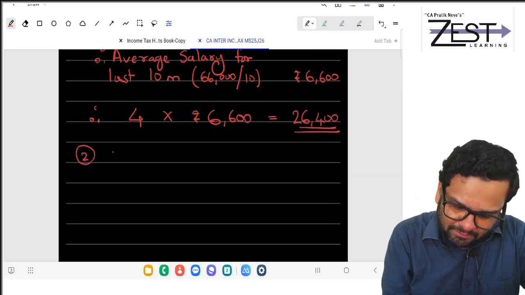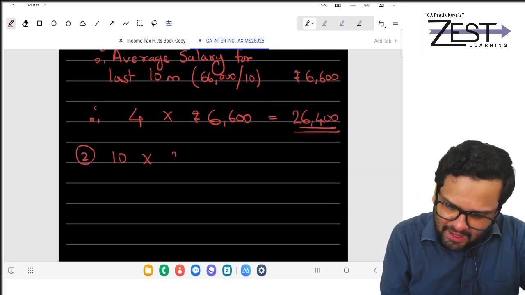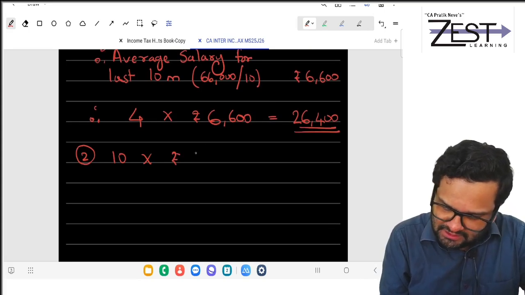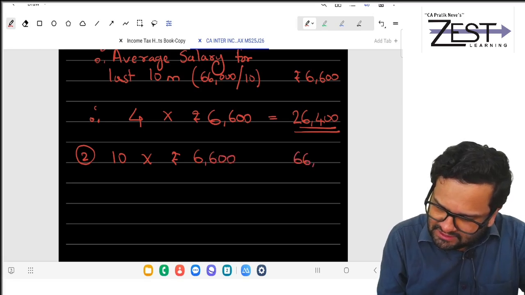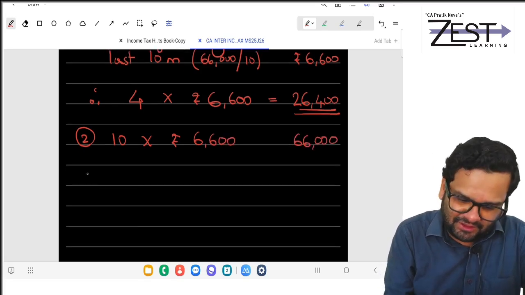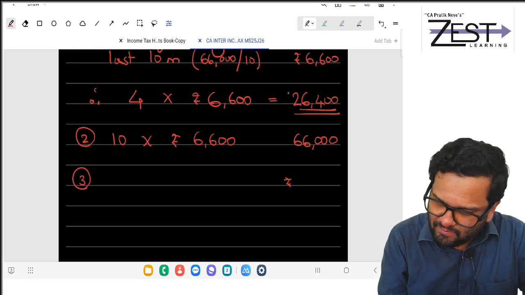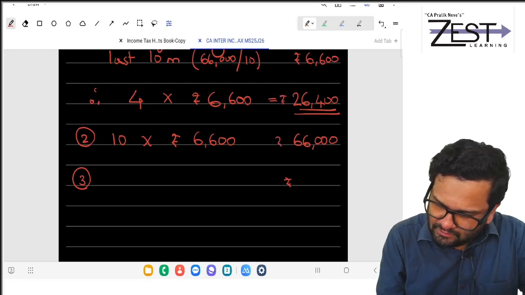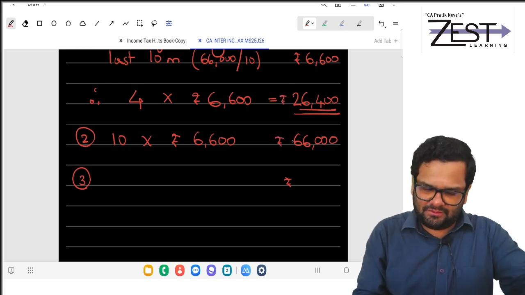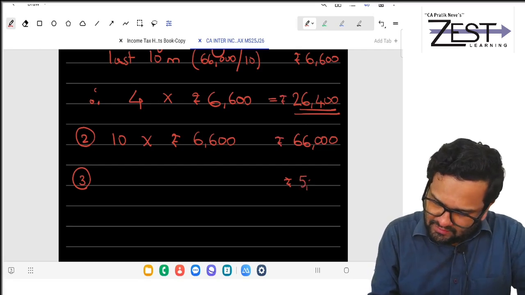Second step. What is the second step? 10 multiplied by 6,600. 66,000. Third, what is the actual leave encashment? Friends, what is the actual leave encashment? 5 lakhs.